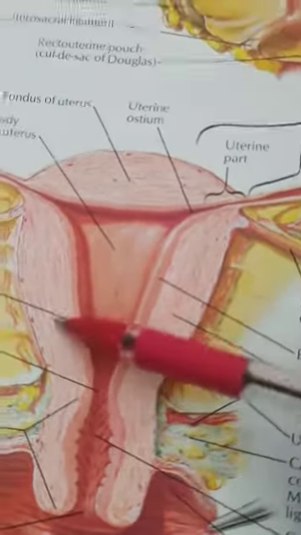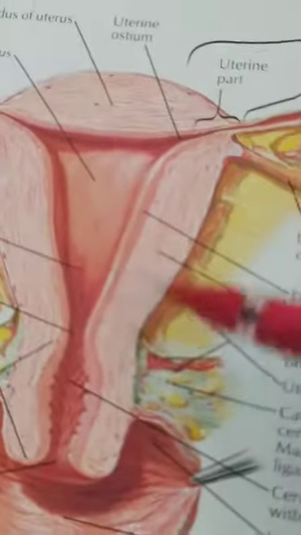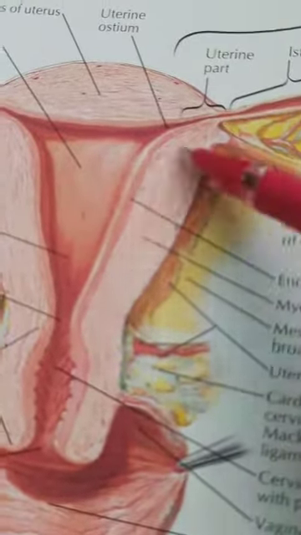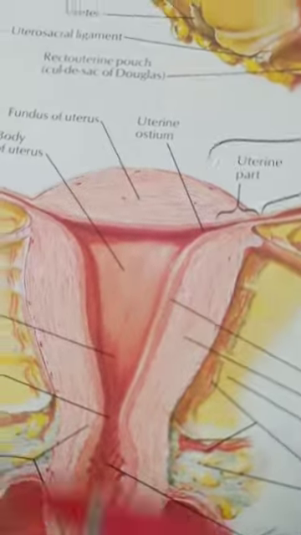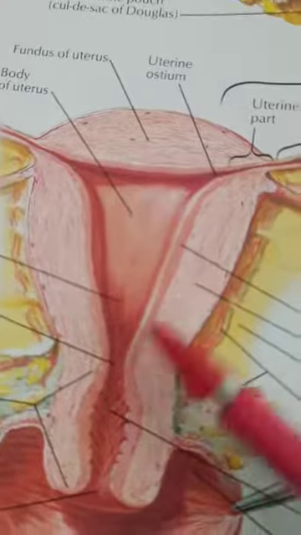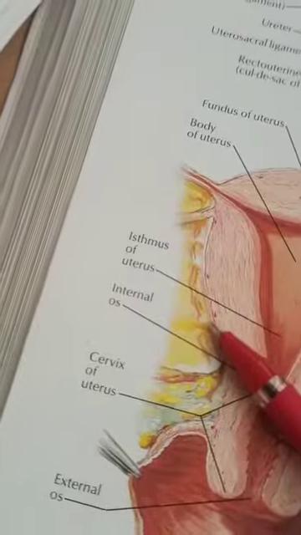In the coronal section, the cavity of the body of the uterus can be seen as triangular in shape, but in the sagittal section it is seen as a slit-like opening.